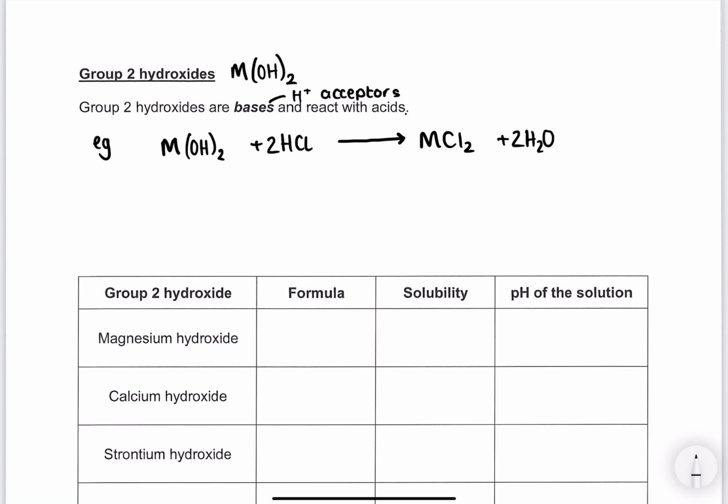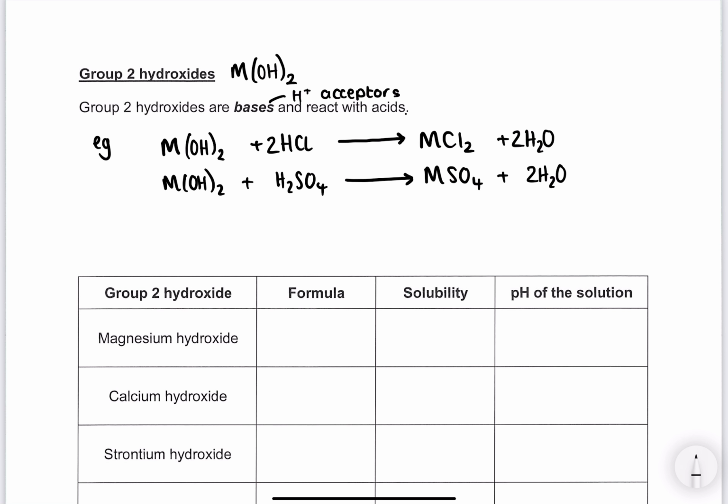What if we reacted them with sulfuric acid? Then we would get the metal sulfates, and group 2 sulfates have the formula MSO4, like MgSO4, and then we would get 2 waters as well.